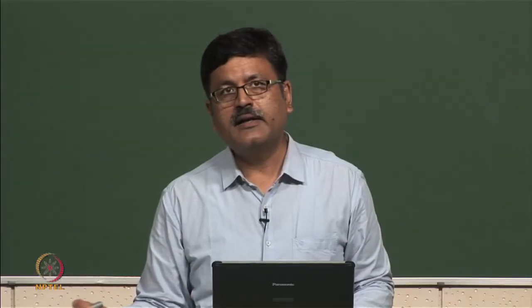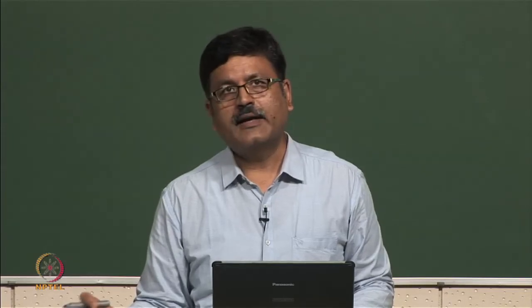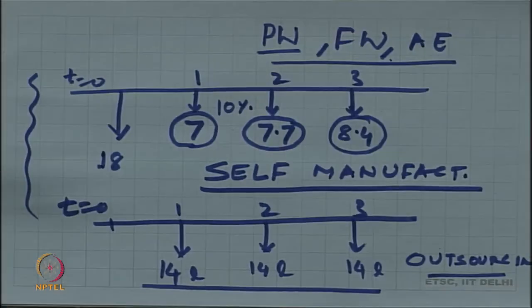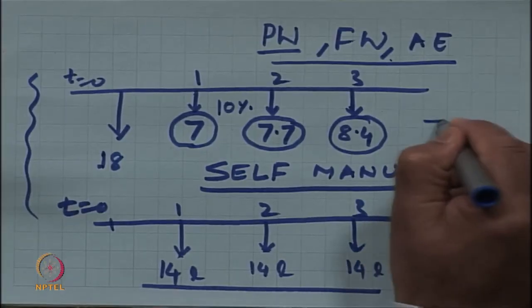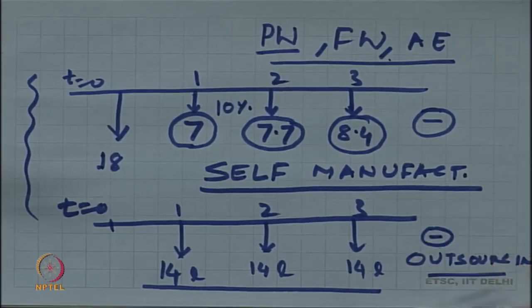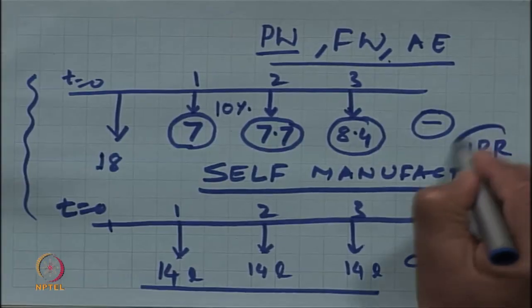Now, in earlier lectures you have already been told that it is not possible to find out the internal rate of return for a cash flow diagram which is only cost dominated. For example, if you look at these two cash flow diagrams, you can very clearly find that they are all cost dominated. What does this mean? There are entries only in the minus side. So, for such examples, finding the IRR is not possible.